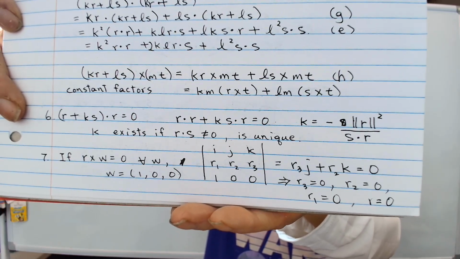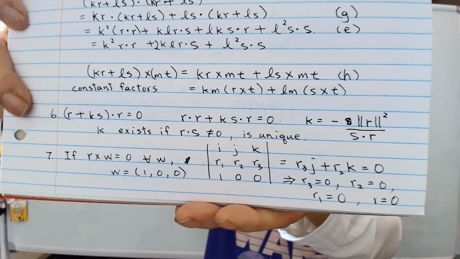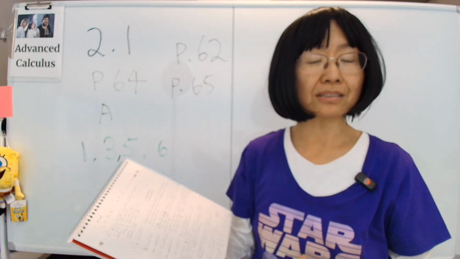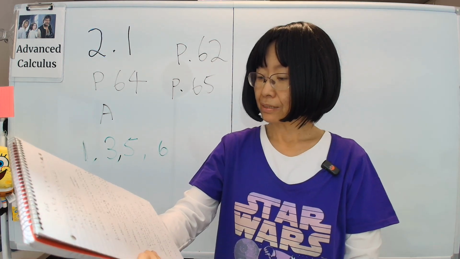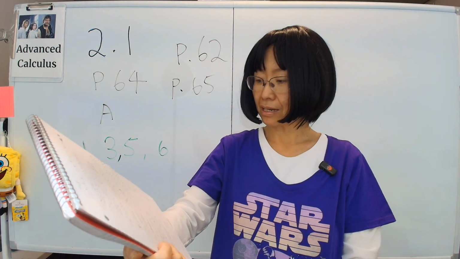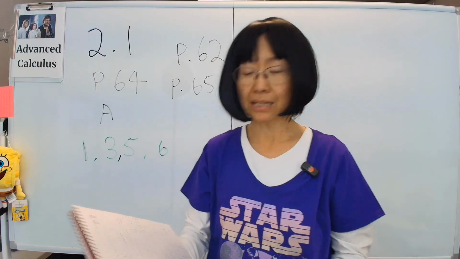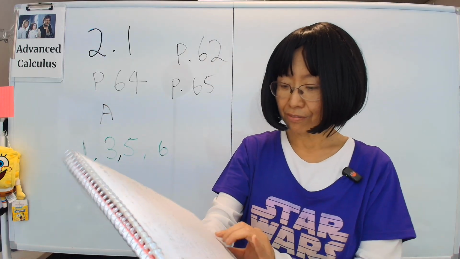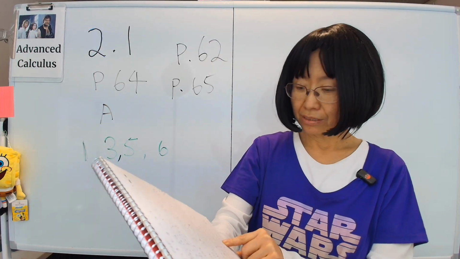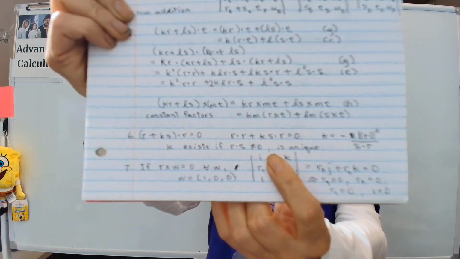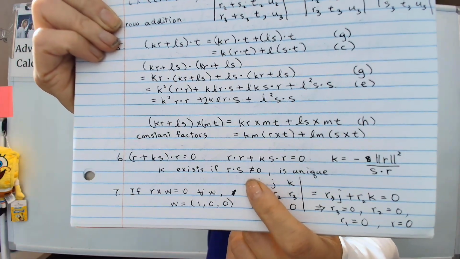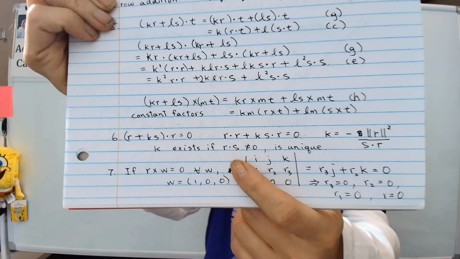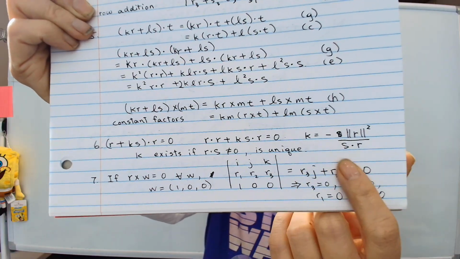I didn't summarize the dot product properties because they're easier to remember. If you divide by S dot R, which is just a number, then K will be determined automatically. Of course, the denominator cannot be 0, but otherwise it will be unique.